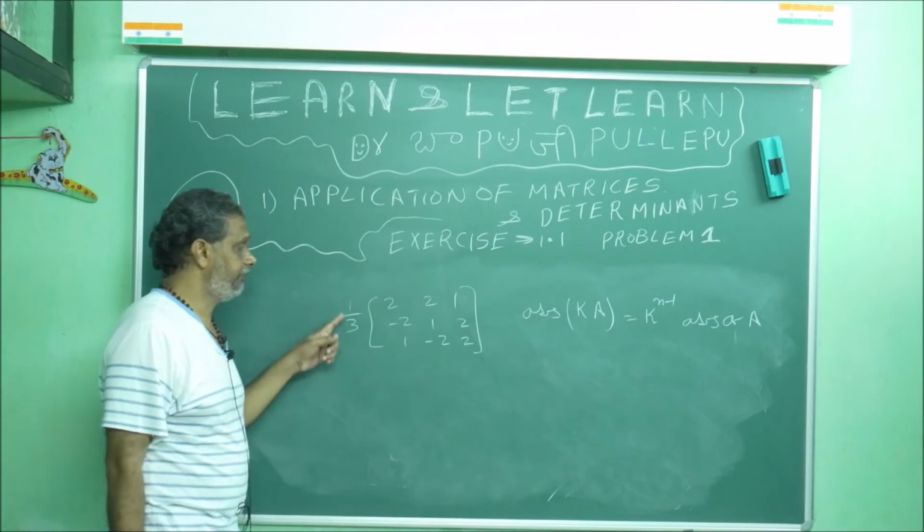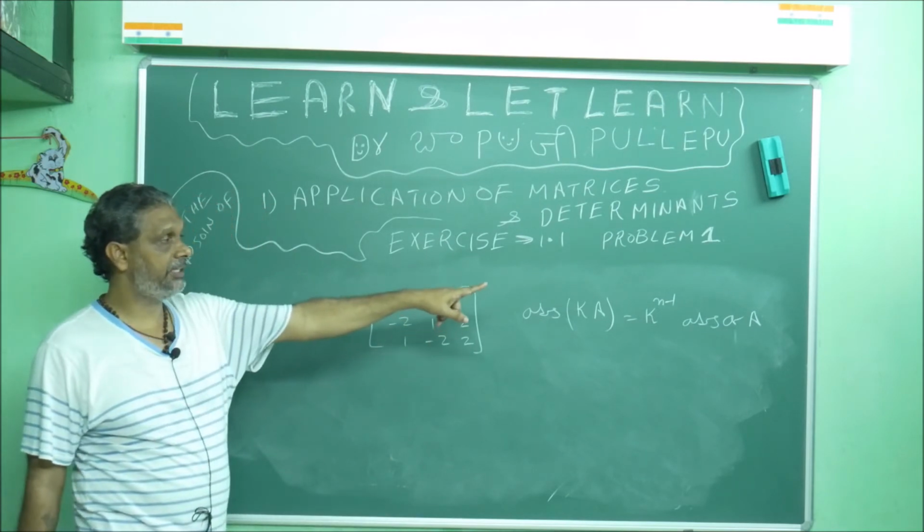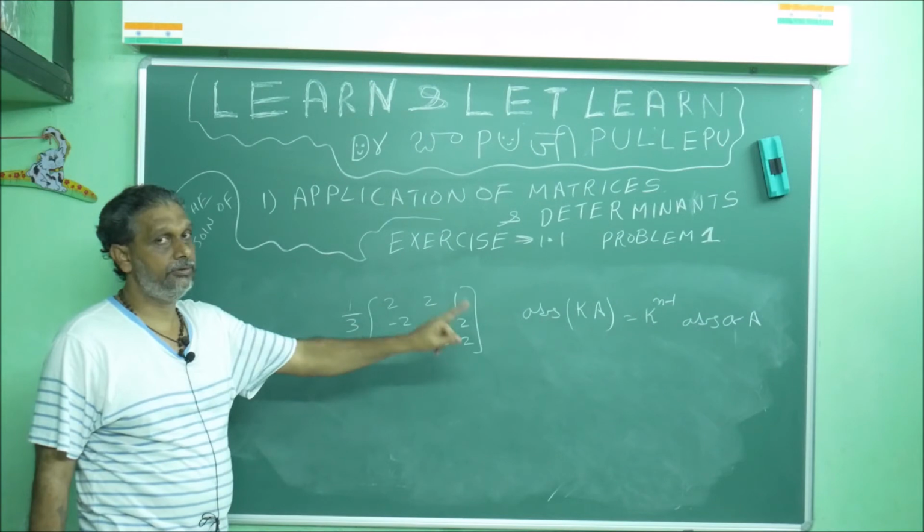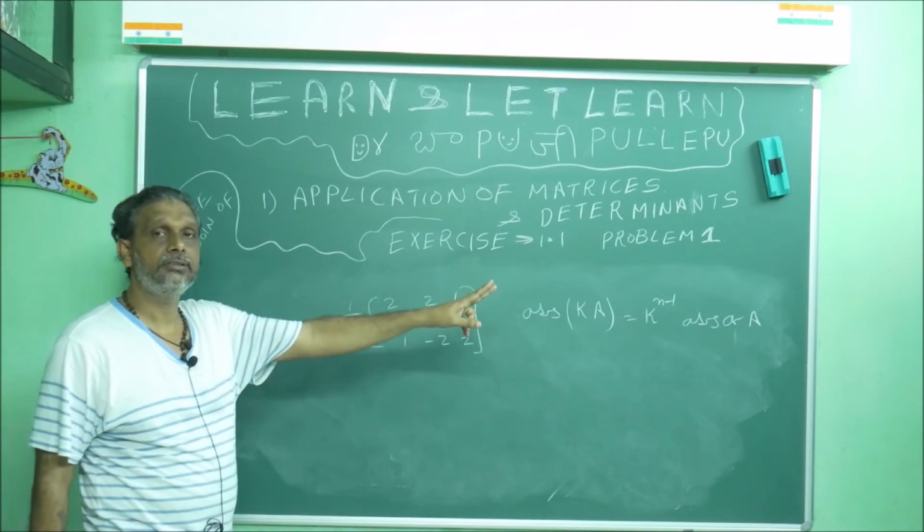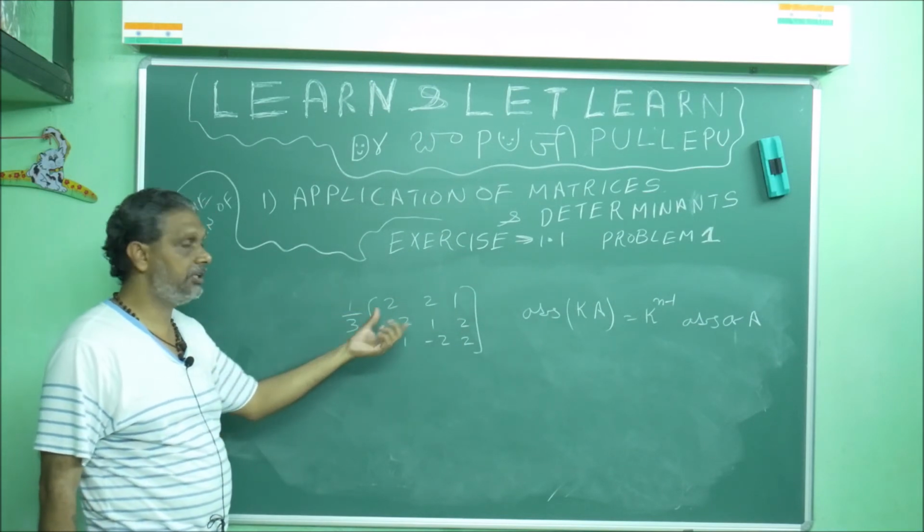Here who is my K? 1 by 3. Who is my n? 3 by 3 order. So 3 is n. N minus 1 means square. So 1 by 3 whole square into this fellow.